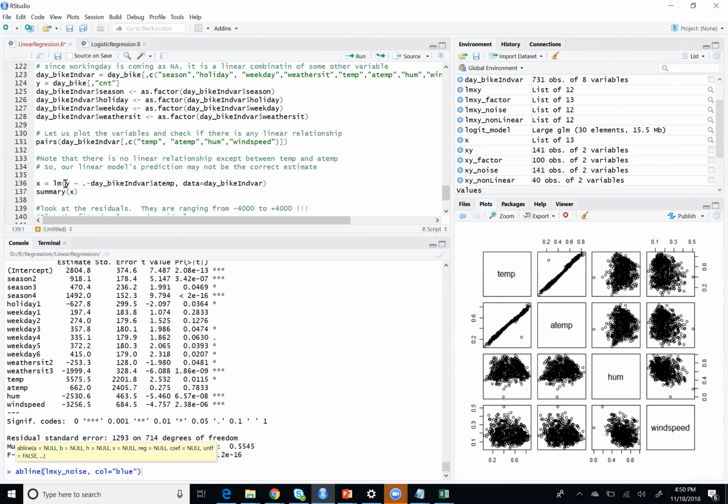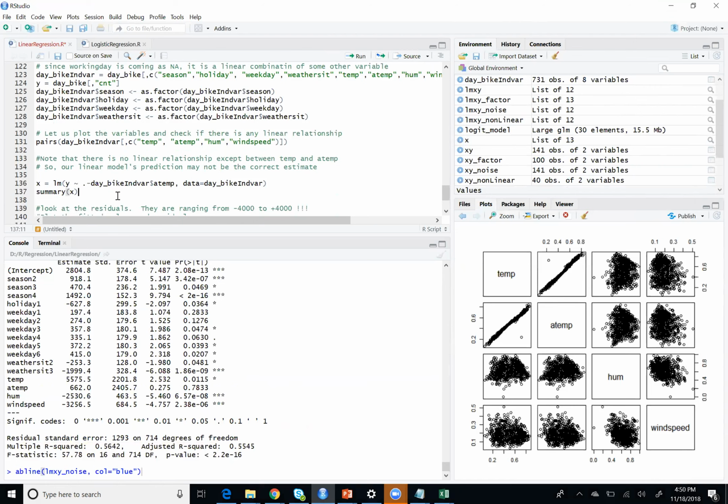And if you want to avoid it, lm Y versus what you want to fit. This tilde means Y versus X. So I want to predict Y versus all the features. If you use dot, it means all the features, but dot minus means I'm removing atemp, and then I'm predicting the data again. And the summary there will tell you which ones to use.